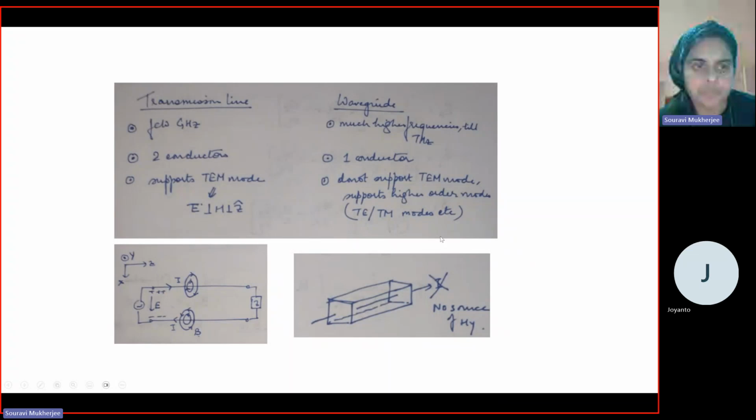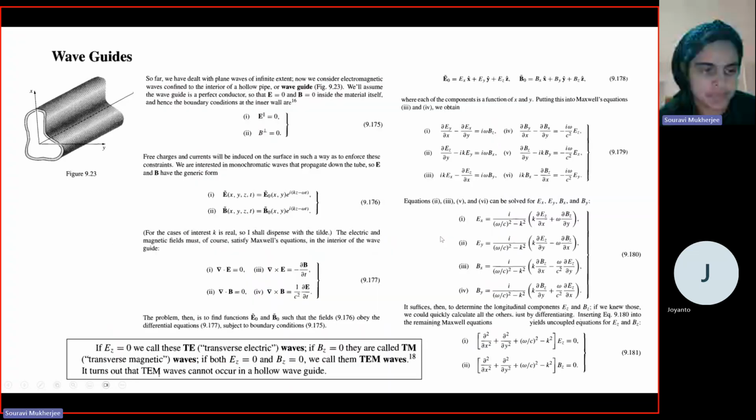And from there, we saw that at the inner wall, these were the two conditions that were supposed to be satisfied, right? And in order to satisfy these conditions, we wrote the electric and magnetic fields in terms of the different XYZ components and used the Maxwell's equations to get to these relations, which finally led to this, which said that now Ex, Ey, Bx, and By were dependent on the derivatives of Ez and Bz.